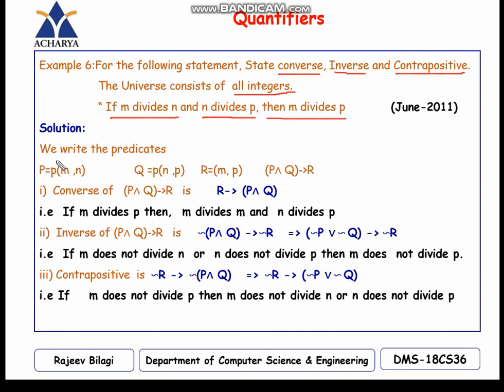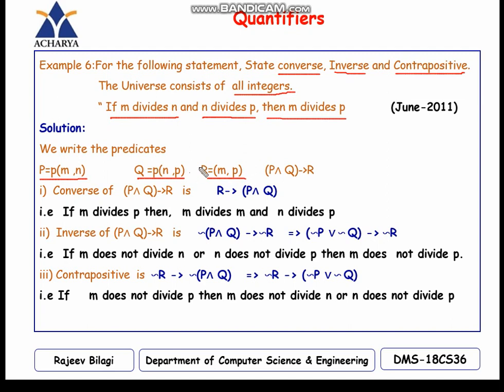Right. So now I will write one quantified statement as capital P of m comma n, which indicates m divides n. That is the first statement, if m divides n. Similarly, Q is n divides p, and R is m divides p.